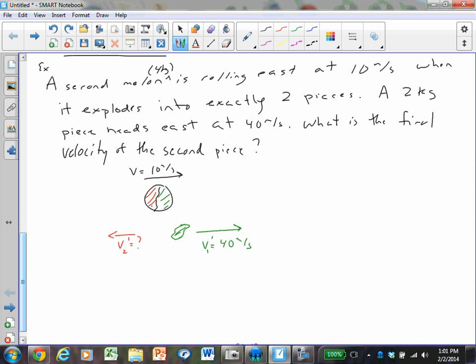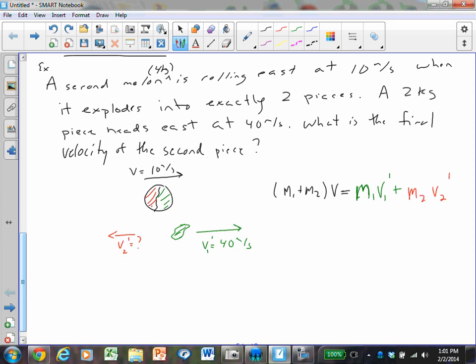So our equation, inelastic equation, is the total mass times the initial velocity equals the mass of the first piece times the velocity of the first piece plus the mass of the second piece times the velocity of the second piece together.